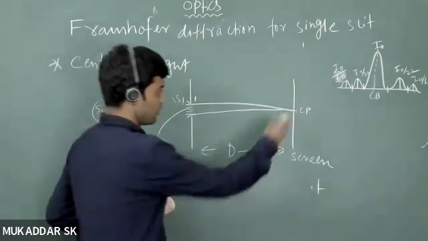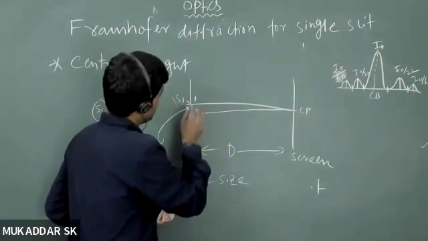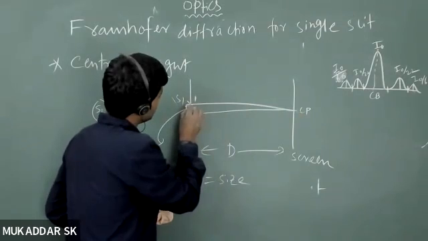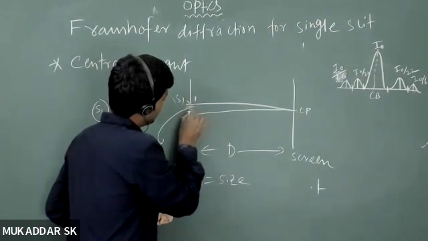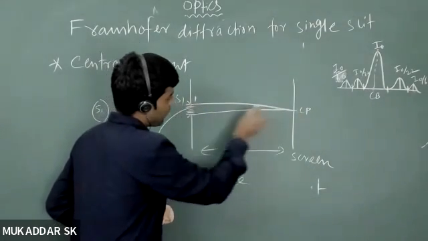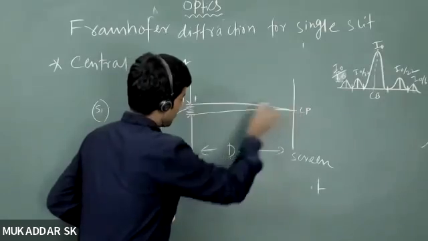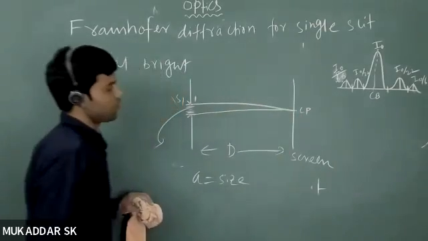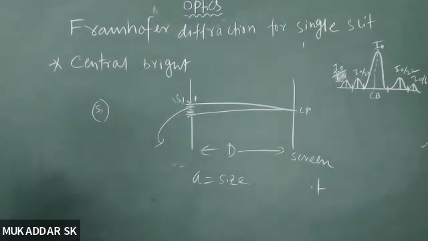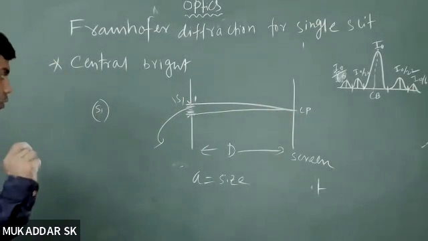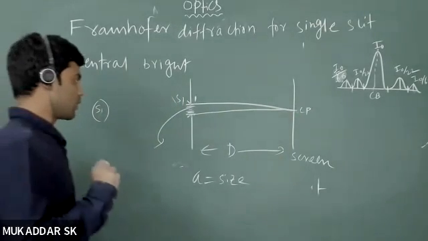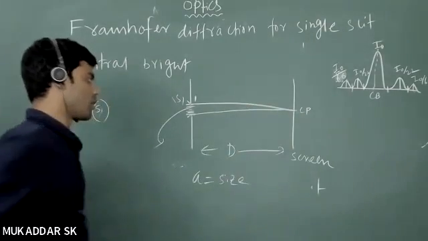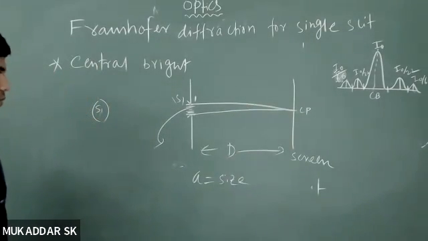So because of that we will get bright region. Now again, if you consider second source and 99 number source, what will be the path difference between two rays at central point? Again it will be 0. So again, number 2 source and number 99 source will make constructive interference and produce a bright point at central point.